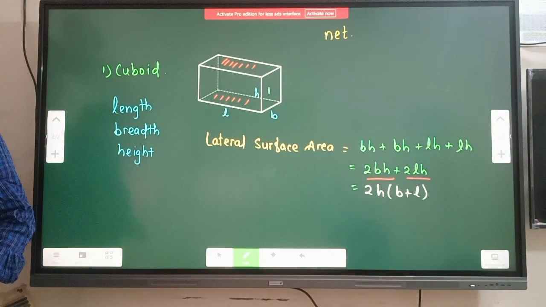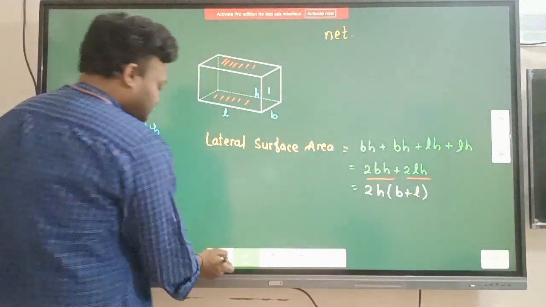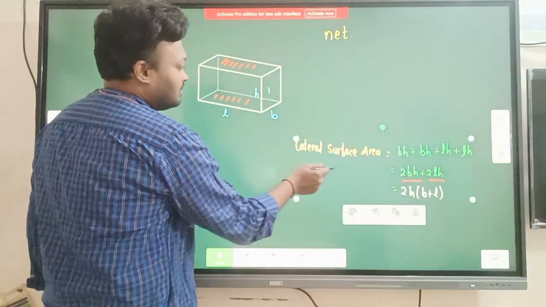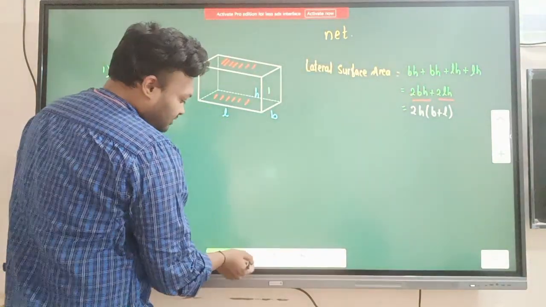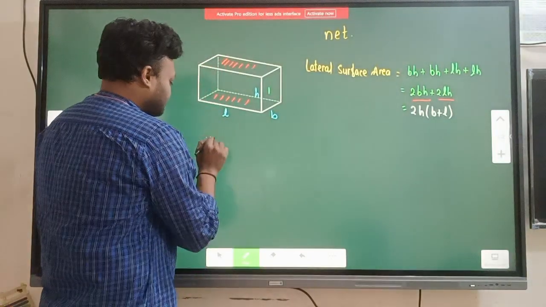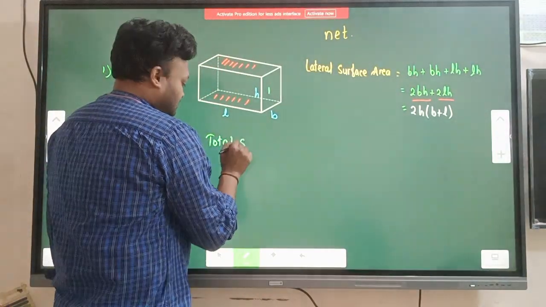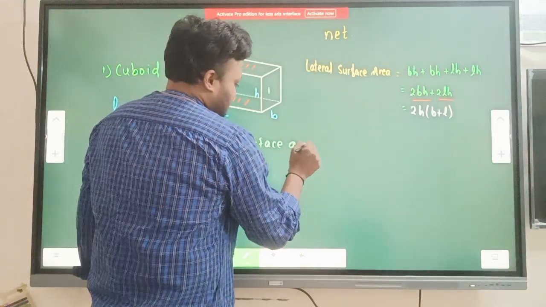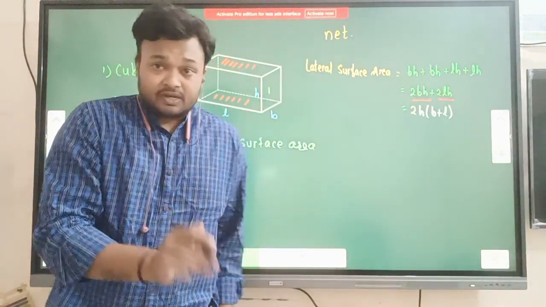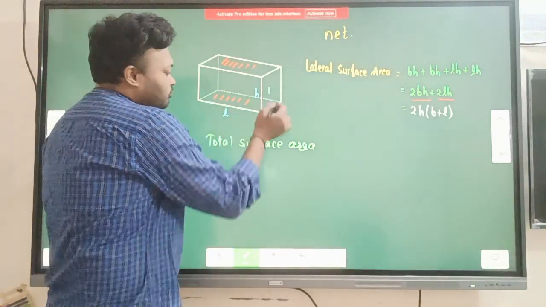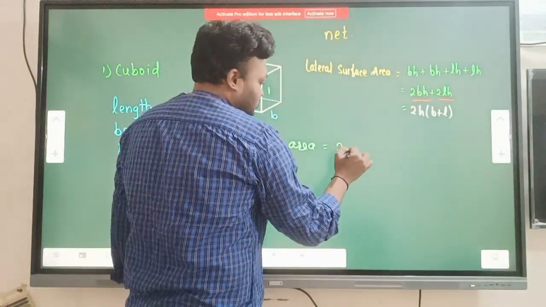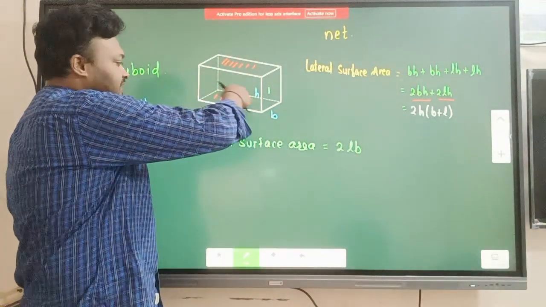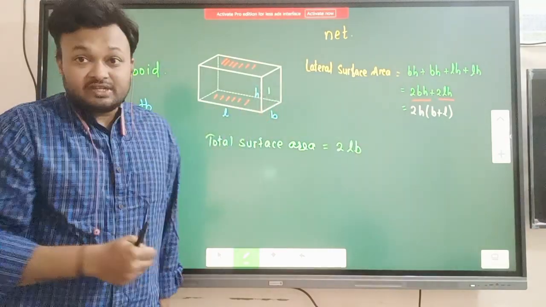Understood? Now, let us calculate the total surface area. The total surface area is very simple. We have L into B, so 2LB, because we have two faces with length as one side and breadth as the second side.